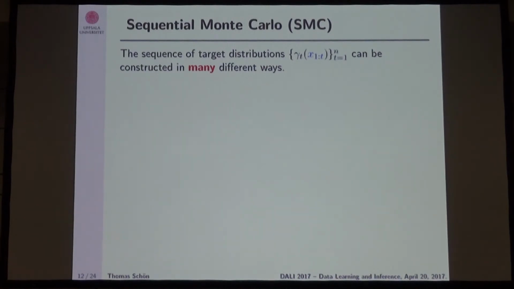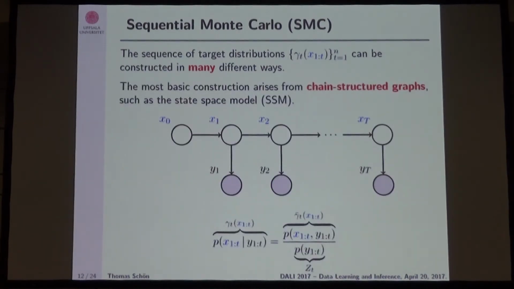So again, this target distribution, we can build that in quite a few different ways. The most basic construction comes from these chain structured graphs, like the one we have in a nonlinear state space model. And then the target distribution is, if we look at the filtering problem, the distribution of all the states up till time t, conditioned on all the measurements up until that time.